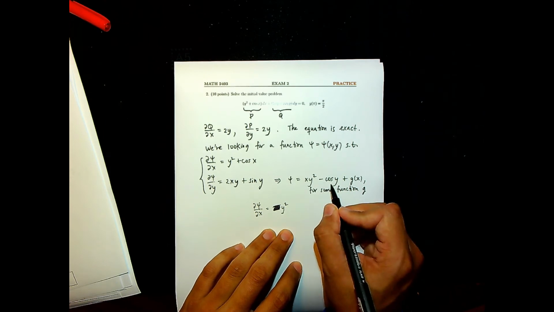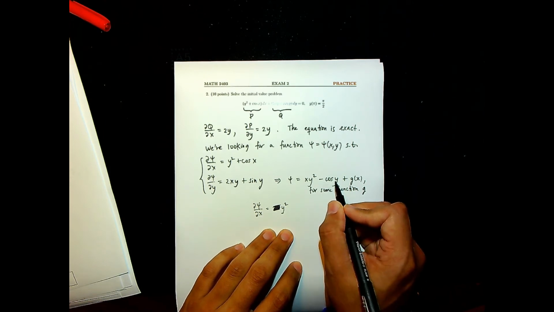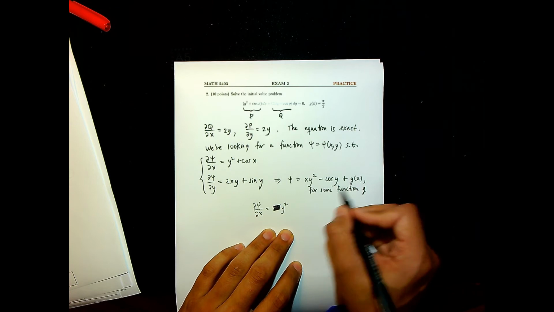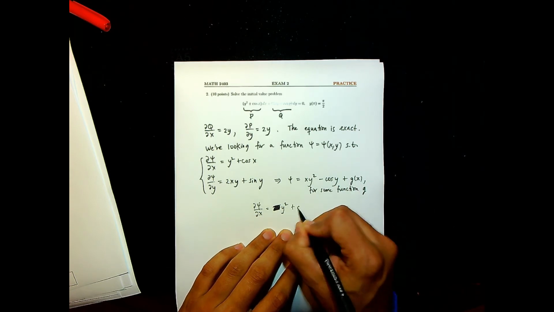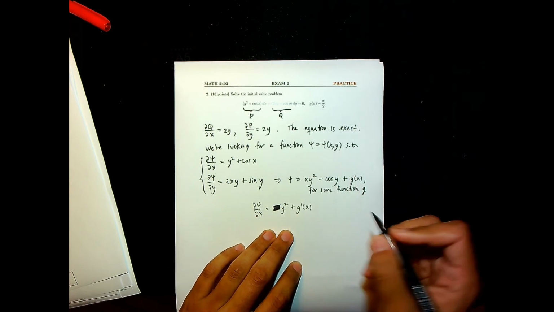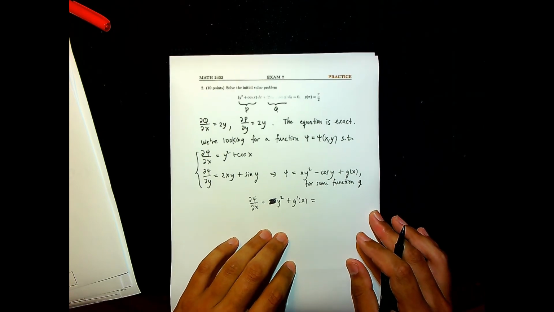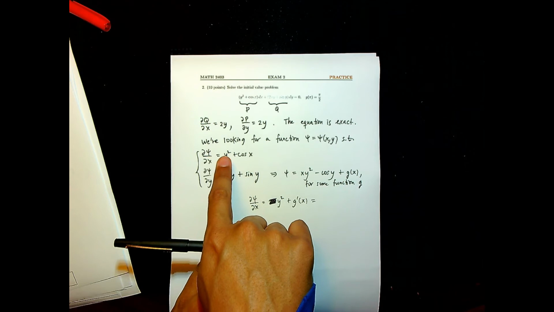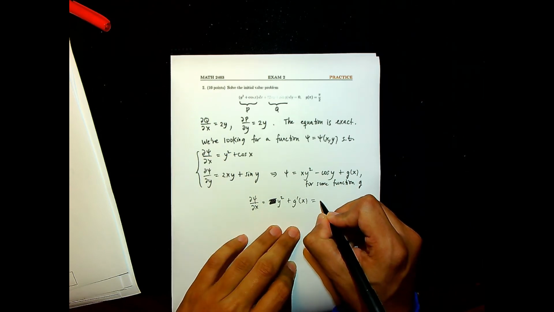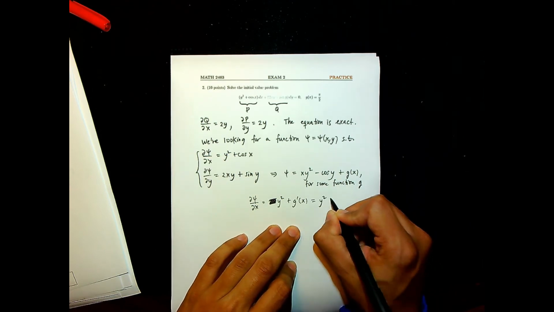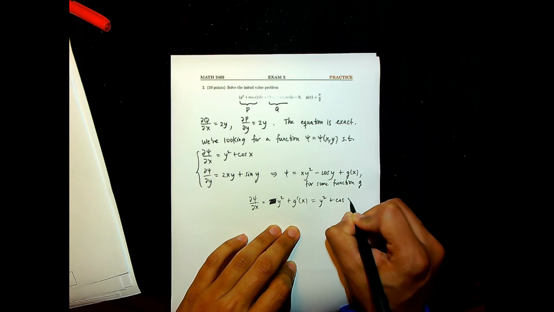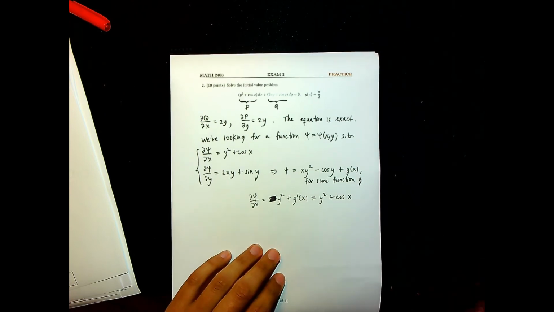The derivative of that with respect to x, well, that goes away. And then the derivative of that with respect to x is just g prime of x. So that's the derivative with respect to x on the one hand. On the other hand, I know that it's supposed to be this. So this is supposed to be y squared plus cosine of x.